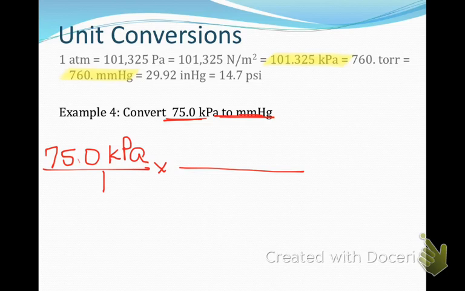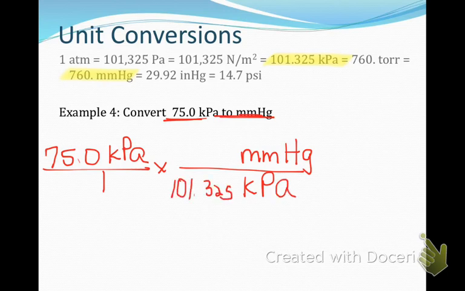I know I can have an equivalency for it, so it's millimeters of mercury over kPa. And let's put in the numbers from the equivalencies, 101.325 kPa, and then 760, don't forget the dot, for millimeters of mercury. Alright, let's cancel out kPa. We are left with millimeters of mercury at the end.